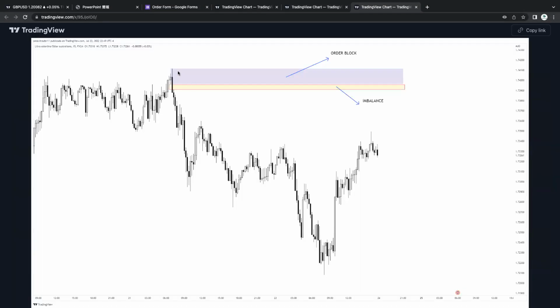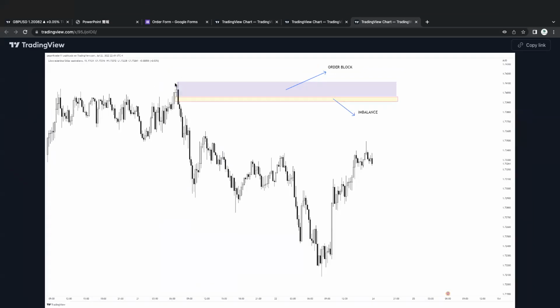Order block is here and imbalance. Perfect. So in this case, you have to understand where the order block is and where the proper imbalance is. You can see the last buying candle before the sell is here. Let me draw this.